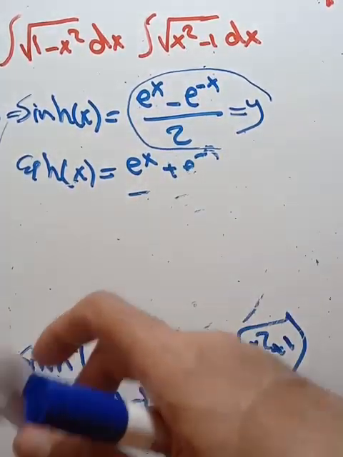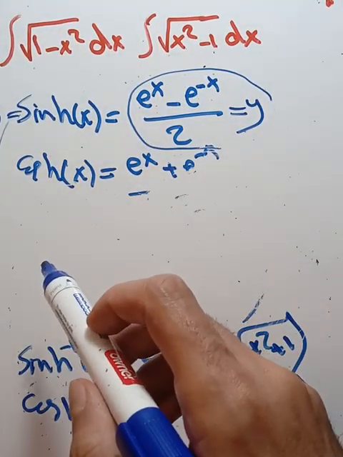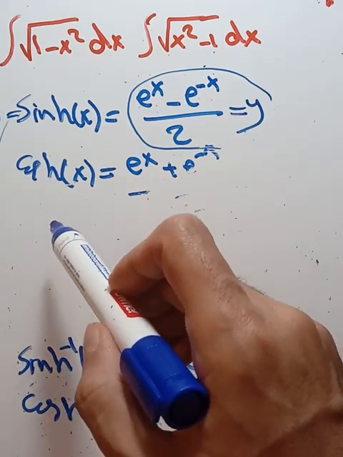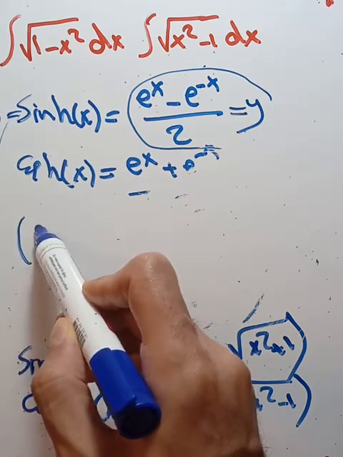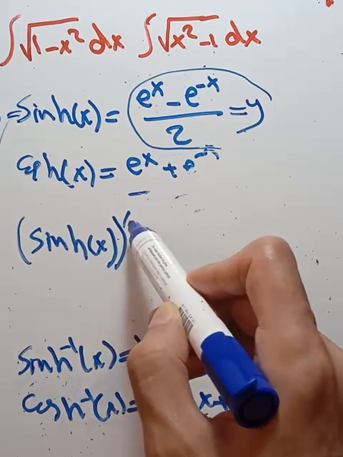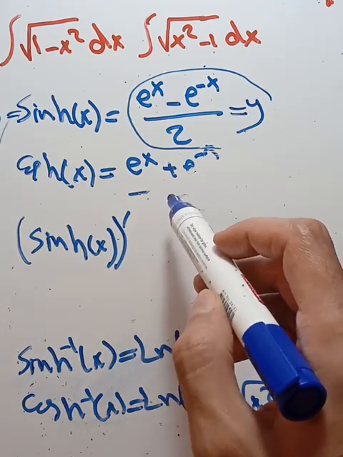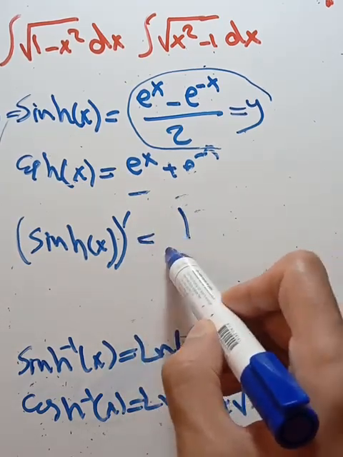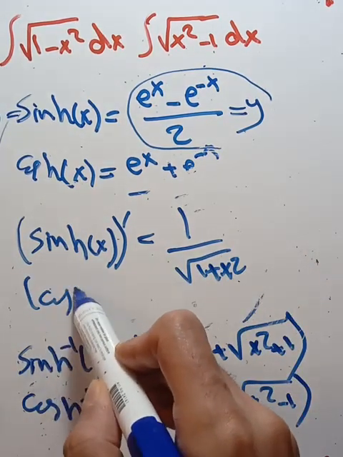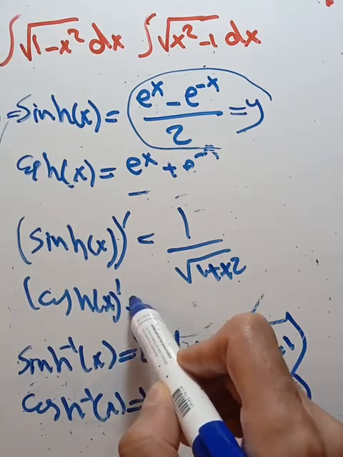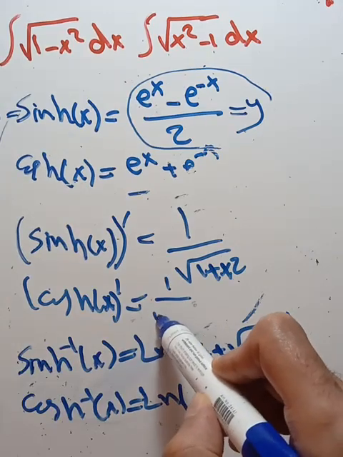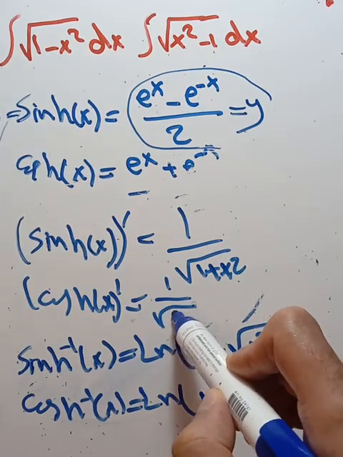You can easily derive it, but I just gave you the final result. The derivative of inverse sine hyperbolic equals 1 over this, and the derivative of inverse cosine hyperbolic equals 1 over the square root of x squared minus 1.